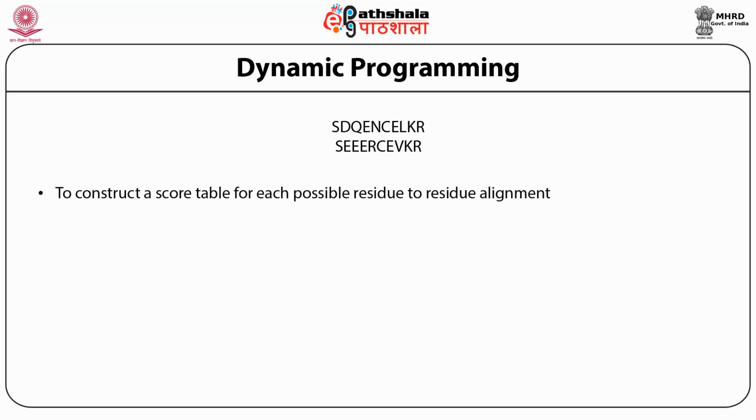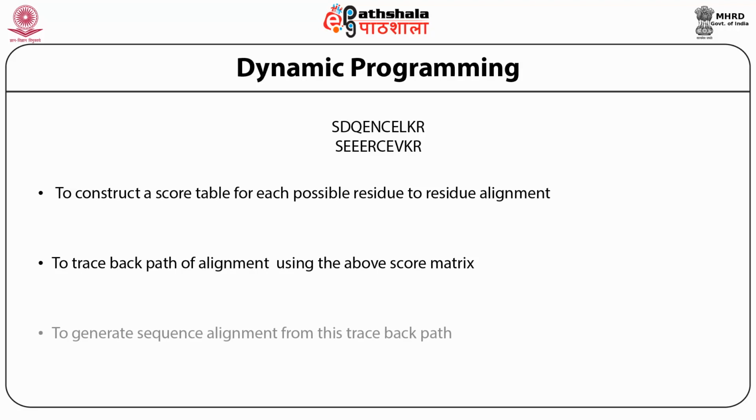The first is to create a matrix for scoring each possible residue to residue alignment in two sequences. The second is to trace back path of the alignment using the above score matrix. The third is to generate sequence alignment from this traceback path.